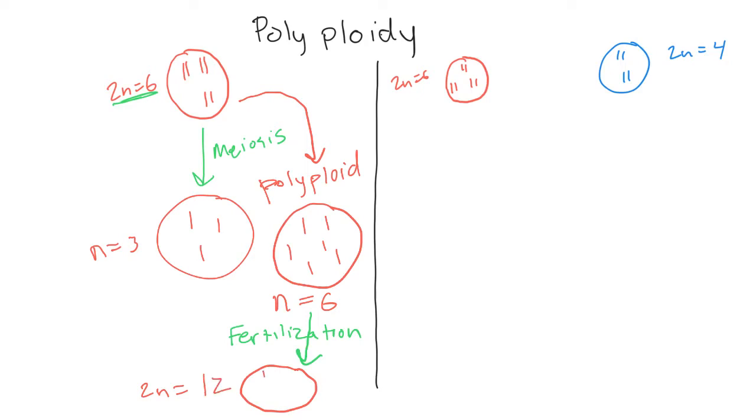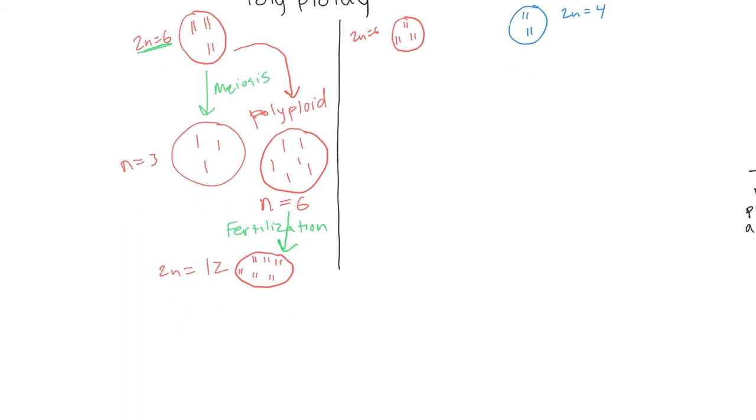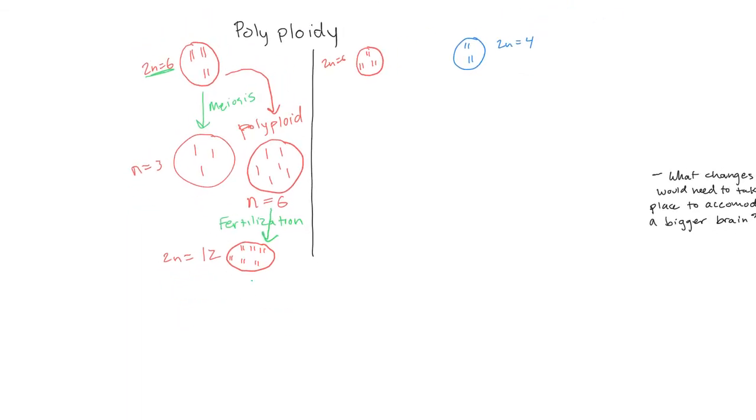If you want to draw 12 of these in here. And now, if it goes through meiosis, its gametes will have how many? 6.